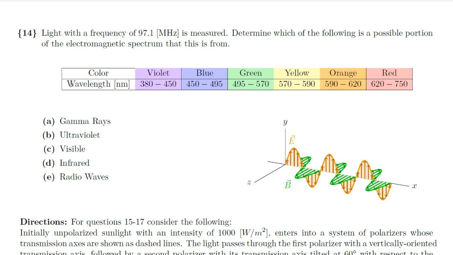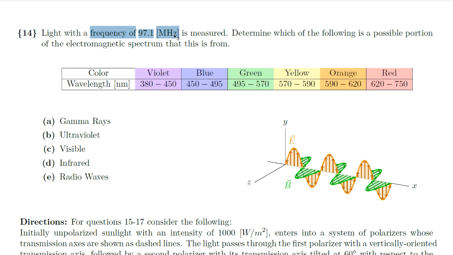I give you the wavelength in nanometers, so you have to be able to compare it to a wavelength in nanometers. To answer which one of these is the correct portion of the electromagnetic spectrum for this frequency, or at least a possibility, you need to figure out what wavelength this frequency corresponds to.